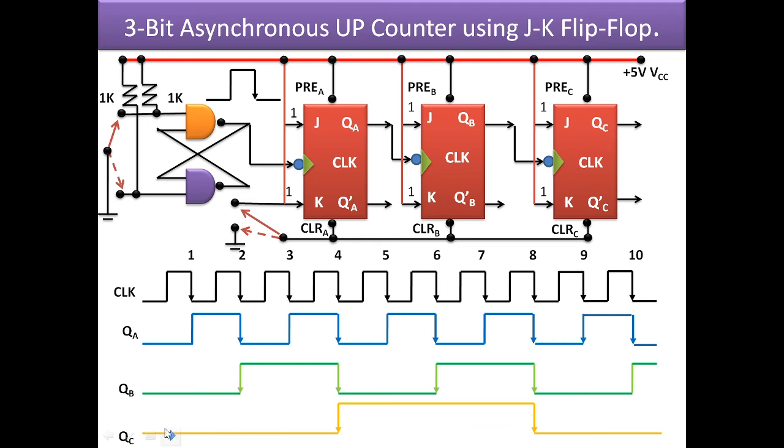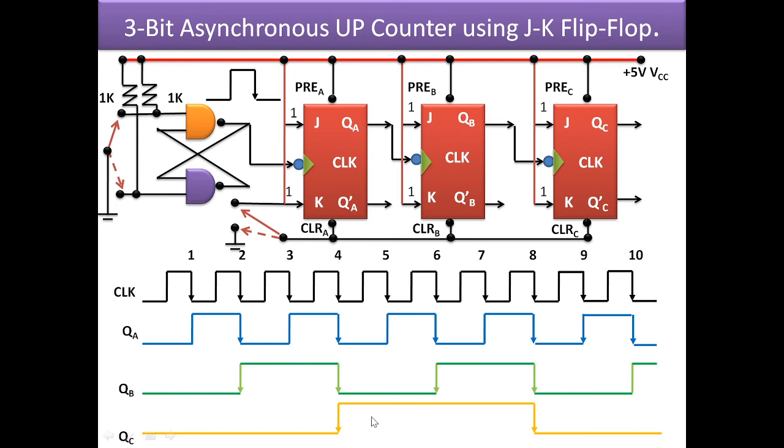Now we can see the output of QC will toggle at the first negative edge, and again it will toggle at the next negative edge. We have to check one thing. This is not the negative edge, it is actually the positive edge, and again this one is not the negative edge, this is the positive edge.